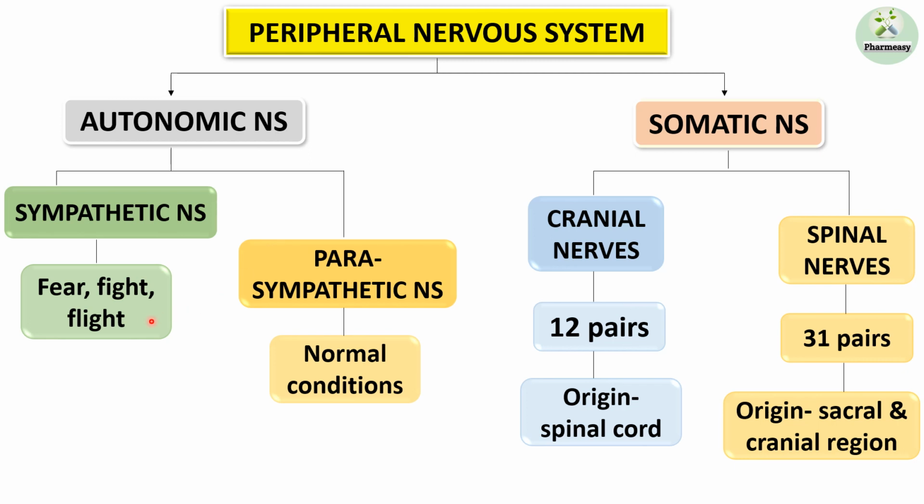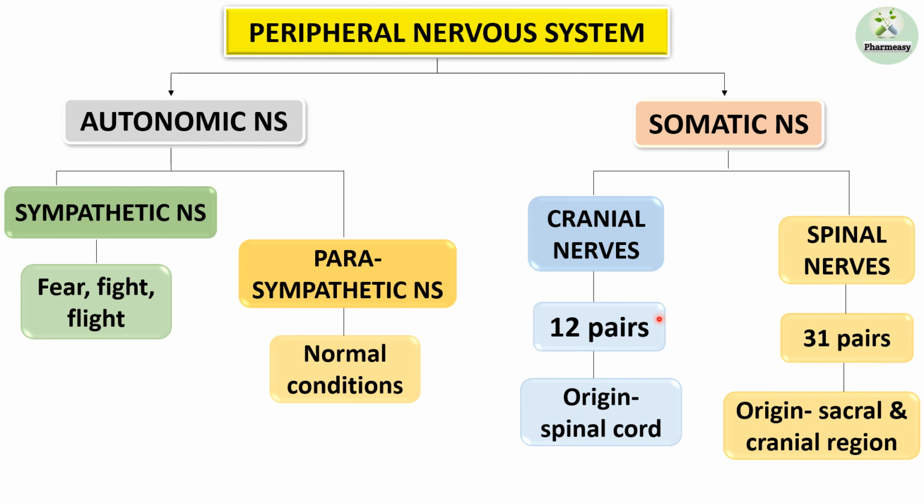Sympathetic nervous system activates in the condition of fear, fight, and flight. And parasympathetic nervous system controls or normalizes the action of sympathetic nervous system. Somatic nervous system is further divided into two categories, that are cranial nerves and spinal nerves.